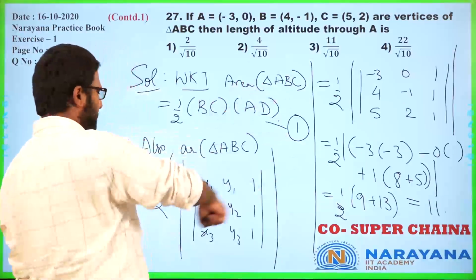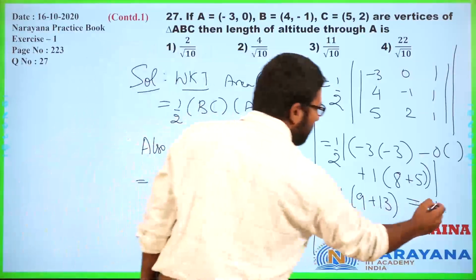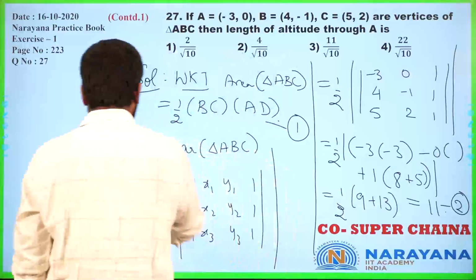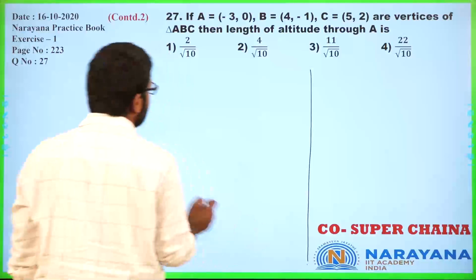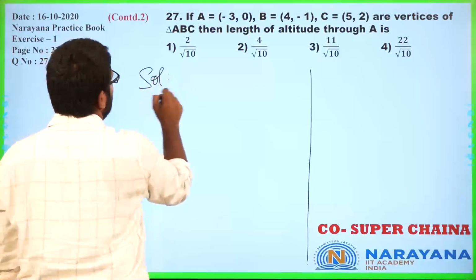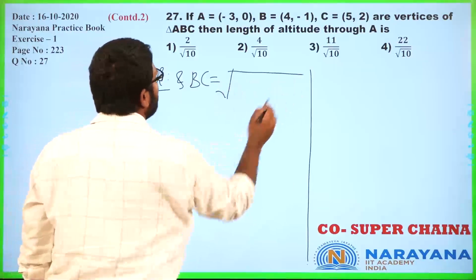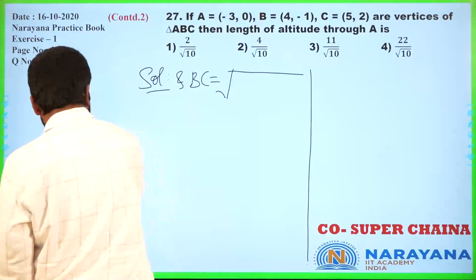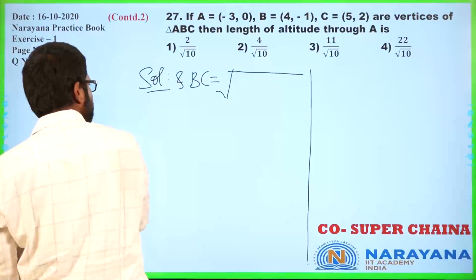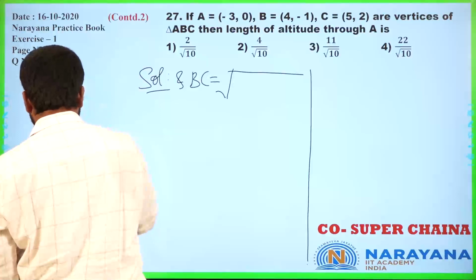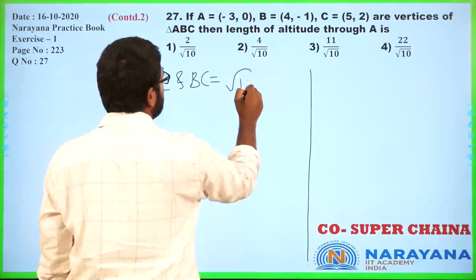So now we know area. Area of triangle ABC, LHS is known. What about BC? Mark this as result 2. BC, simply apply distance formula. Actually, we have figured out, we have already seen what is the length BC. BC is root 10.